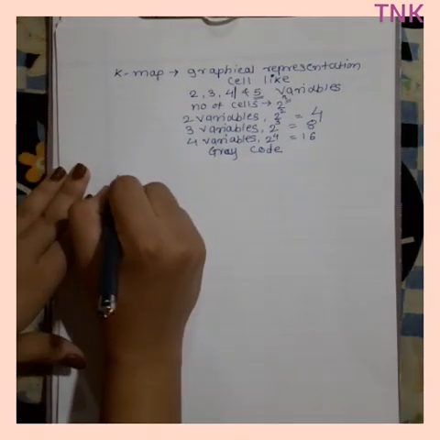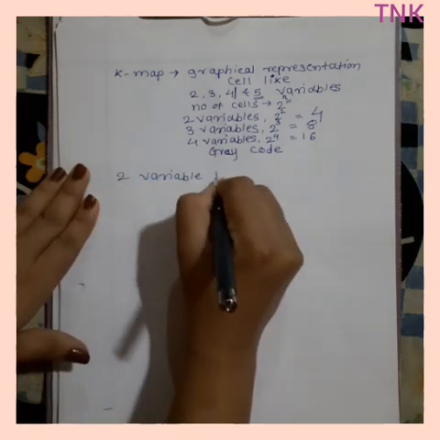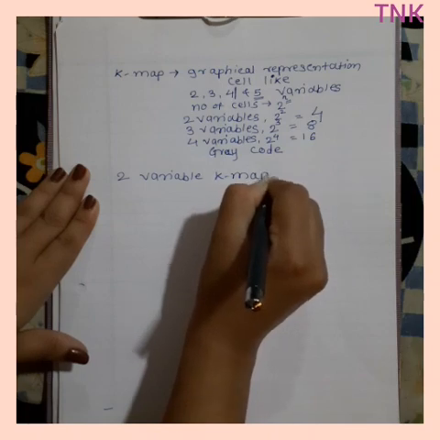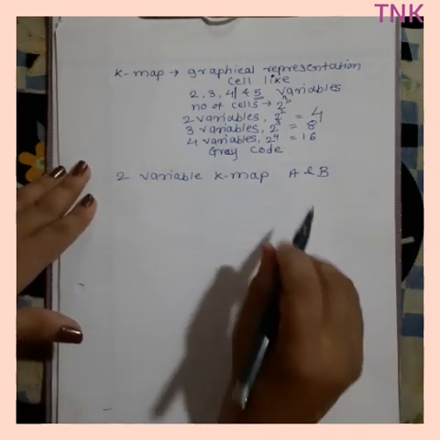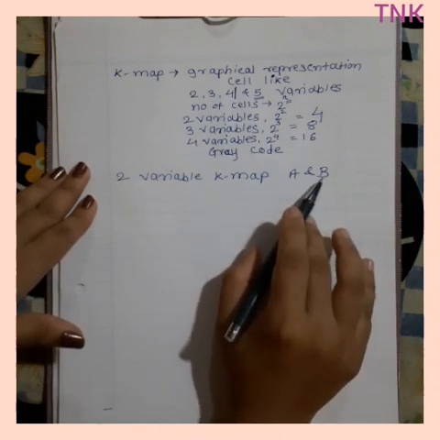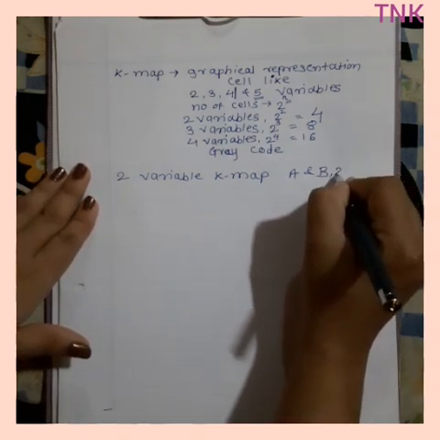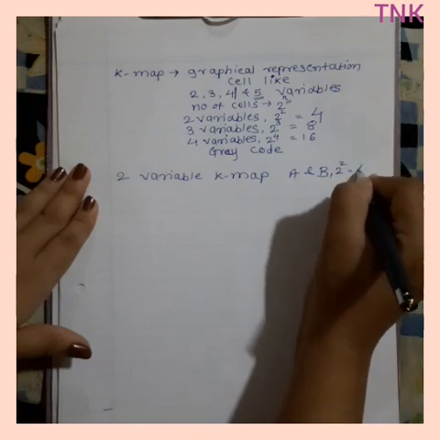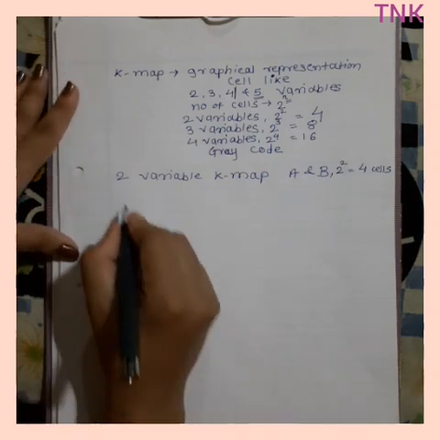Now let's see how to draw a 2 variable K-map. Let's assume that we have 2 variables A and B and we want to draw the K-map for these 2 variables A and B. Let's calculate the number of cells. As there are 2 variables, 2 raised to 2, there will be 4 cells in my 2 variable K-map.